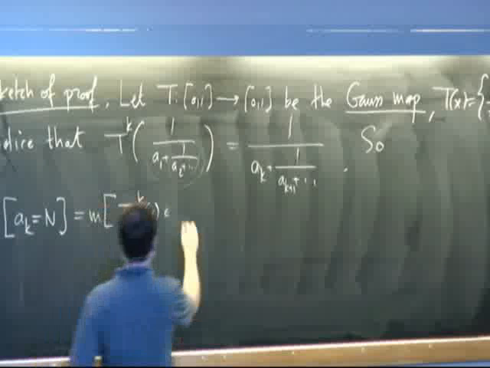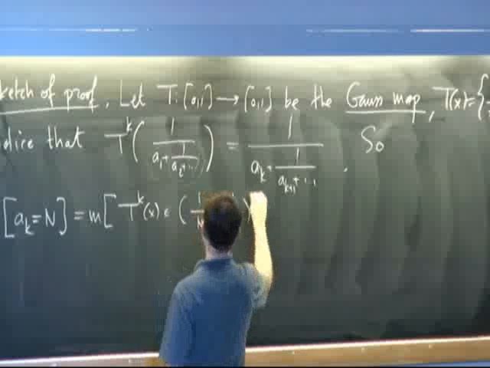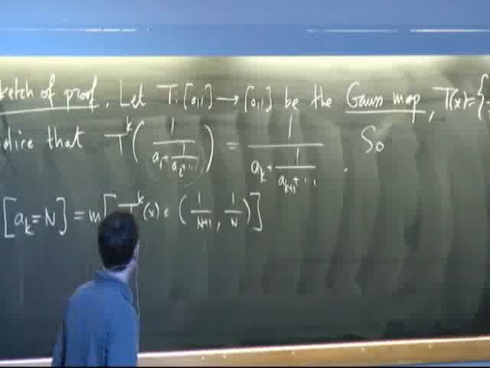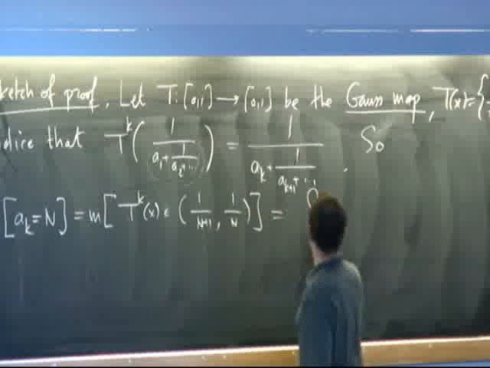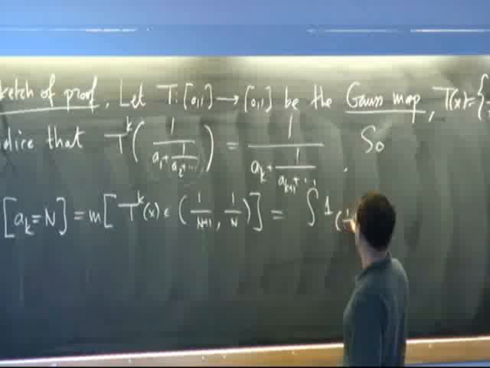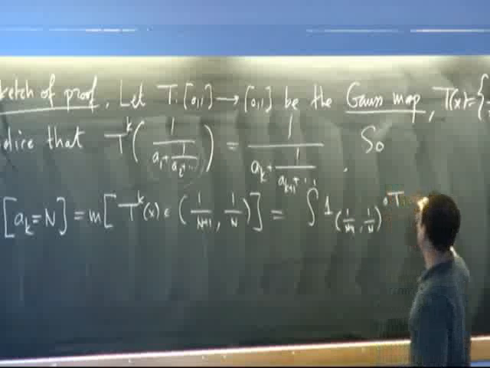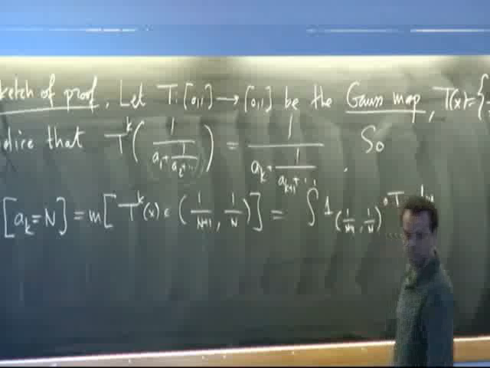So it's going to be inside the set 1 over n plus 1, 1 over n. This is the integral of the indicator of the interval 1 over n plus 1, 1 over n, T dm.